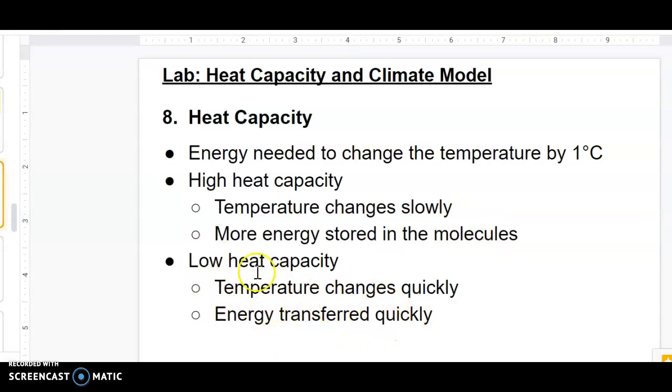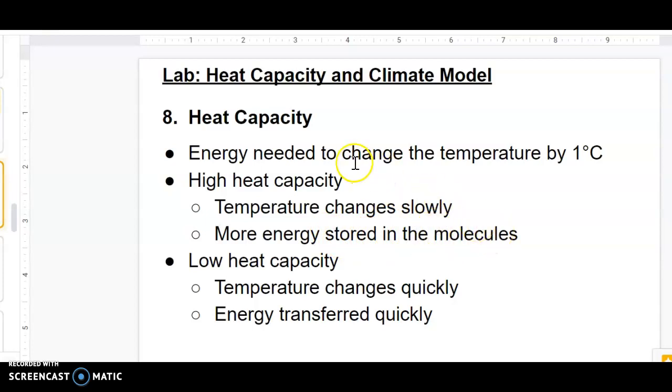And so low heat capacity doesn't really hold on to the energy that well. It has a small capacity to hold on to the heat. But high heat capacity holds on to the heat more, and so it actually heats up slowly. That seems weird, but it's because that energy is actually stored in the molecules.